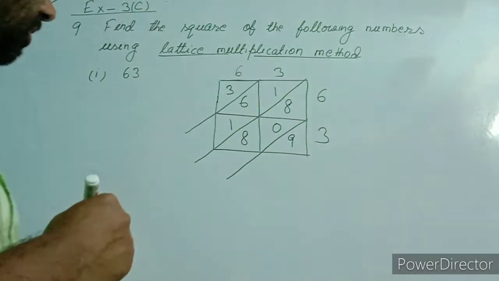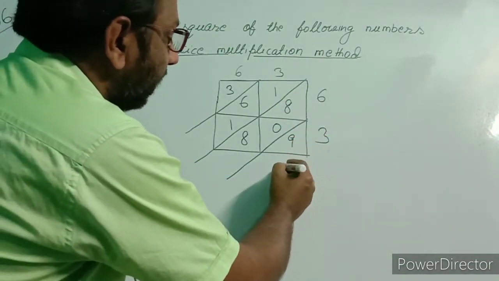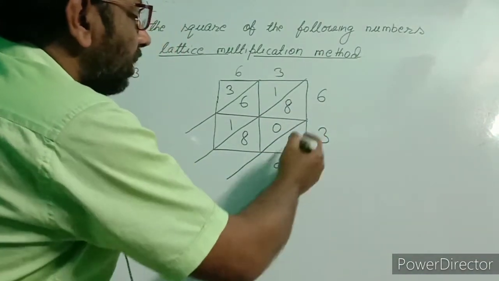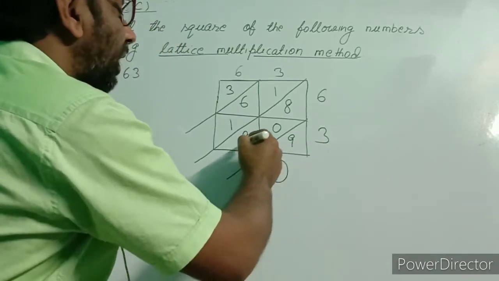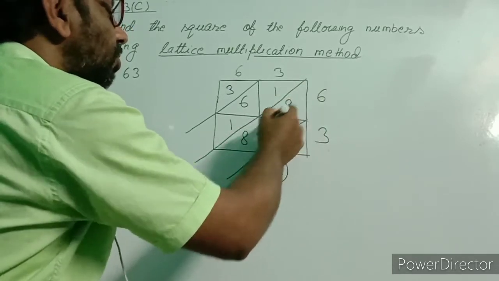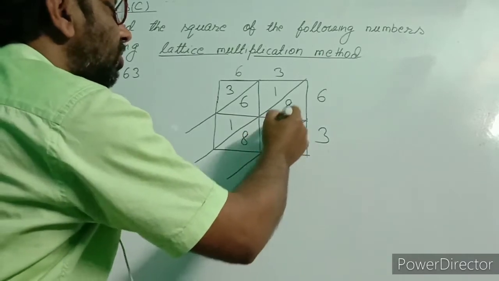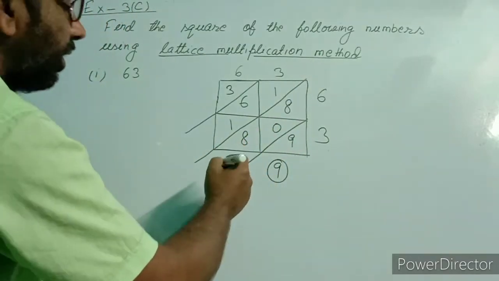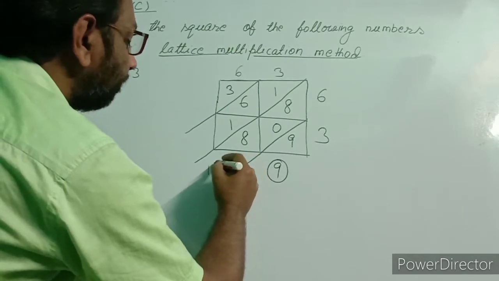Now see this method. This 9 you carry here, 9. This is one digit, you circle it. Add these 3 digits, those which lie between these two lines. 8 plus 0 plus 8, we are getting 16.